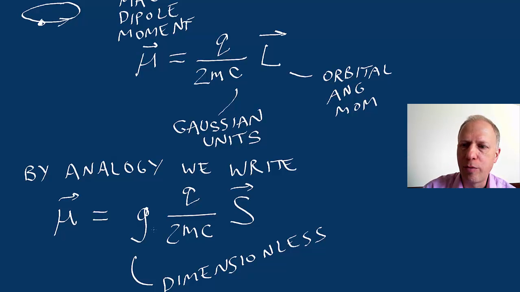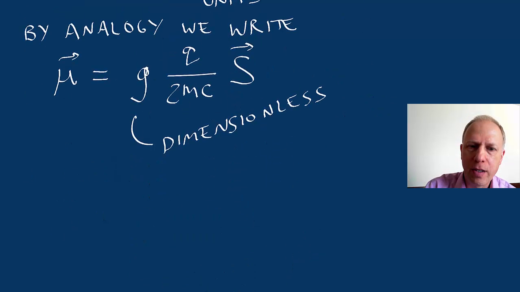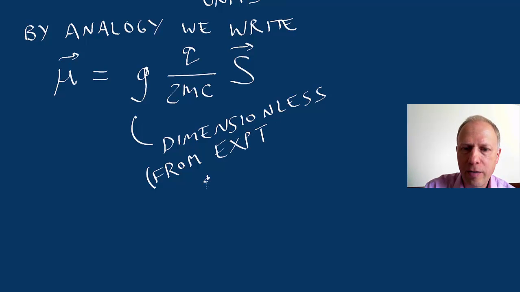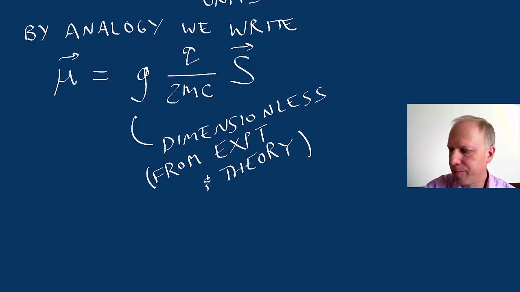This proportionality constant is obtained from experiment, and theorists try to predict what it should be.